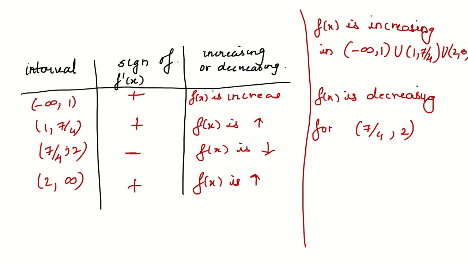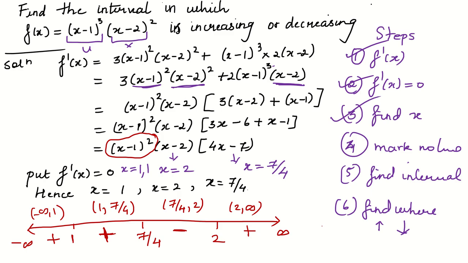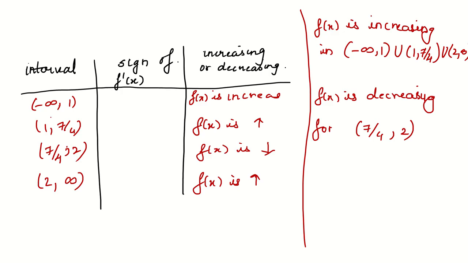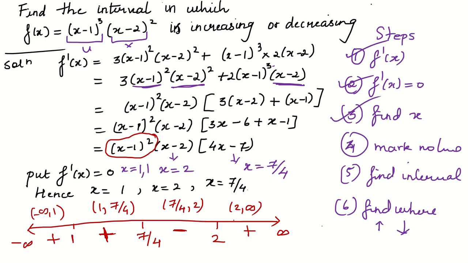Now there is one more way you can determine the sign of f dash, that is without considering the sign convention and actually taking values between the intervals. For example, the number which lies between minus infinity to 1 is 0. So you're going to put 0 in place of x, wherever x is there.